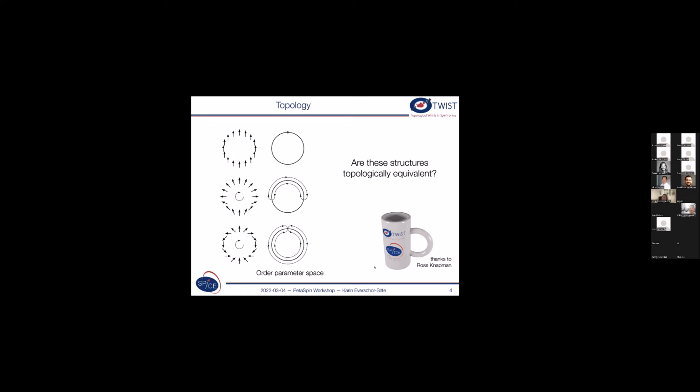And similar as here, you can just compute a simple index, which is the number of holes. For magnetic structures or for vector quantities, you can then compute a topological index, which in this very simple case is just the winding number. What you need to do for this in this one-dimensional case is just add up the change of the angle and divide by 2 pi to get an integer.